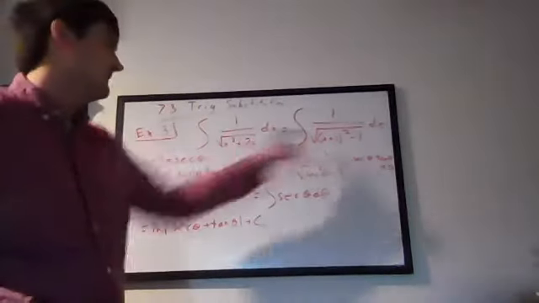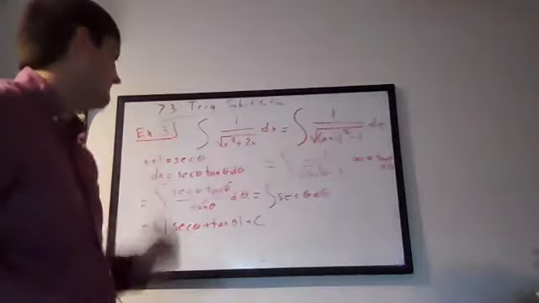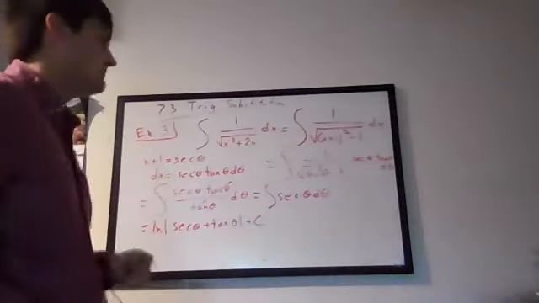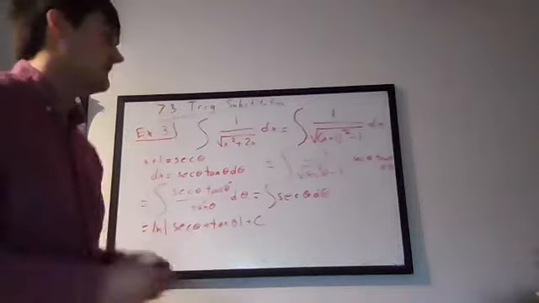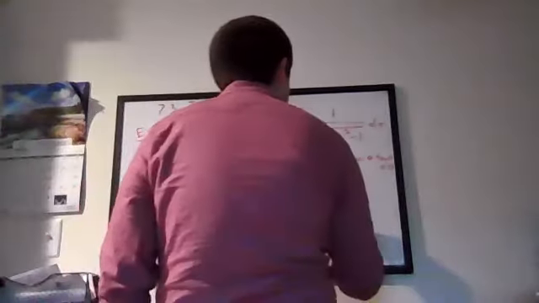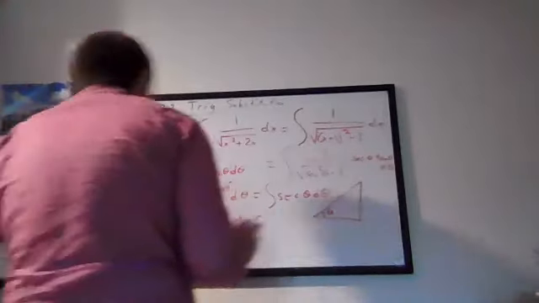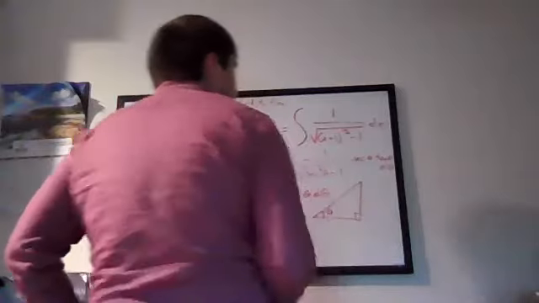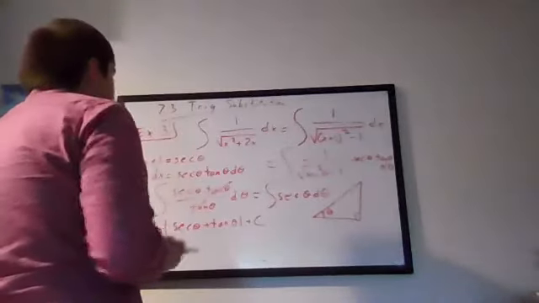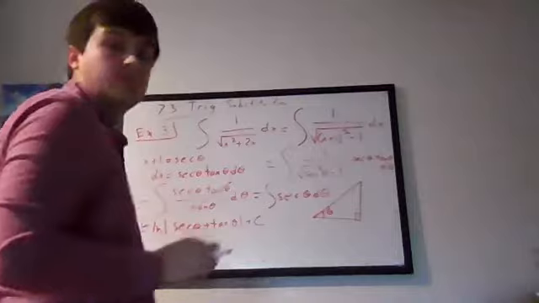Okay, now again, we're not done. We need to make sure to plug in properly what we have. We know secant's x plus 1. We don't know what tangent is, but that's okay because we'll pull out the triangle. Right, here's theta, and here's a right angle like that. Okay, now we know secant is x plus 1, right?